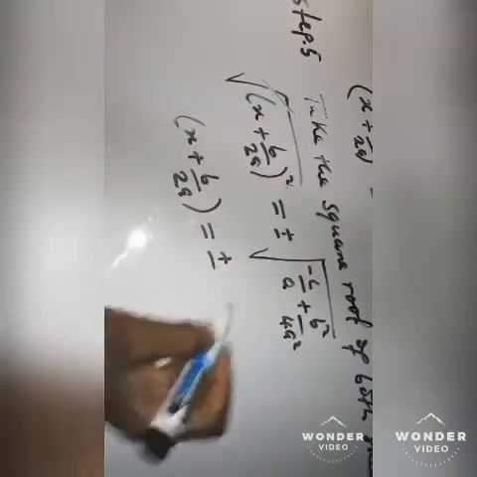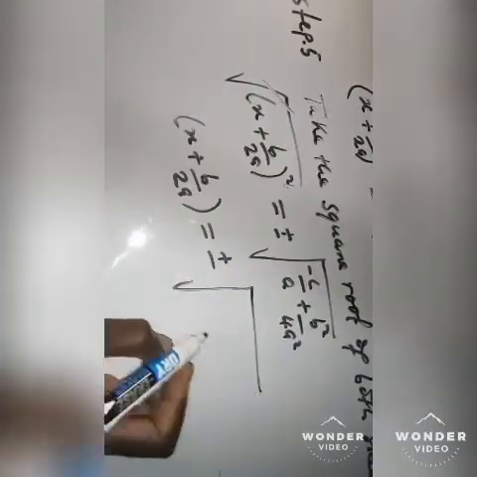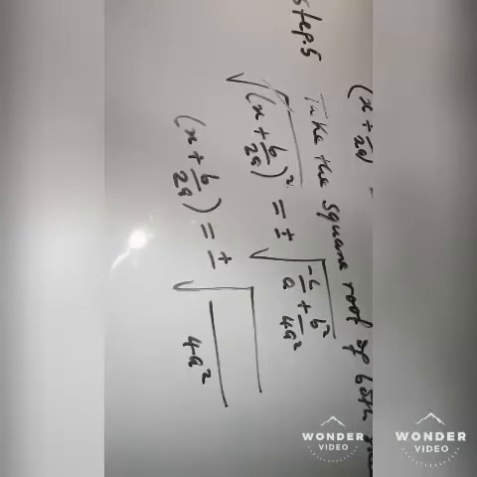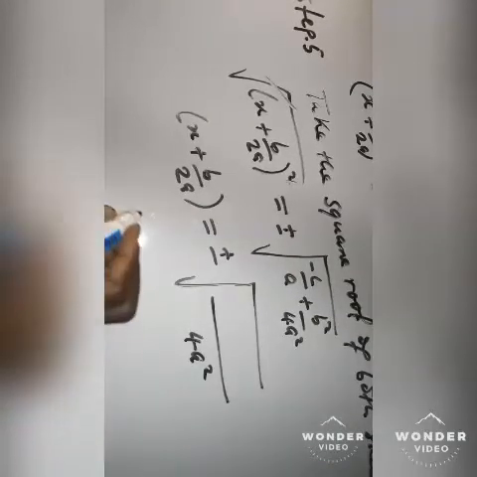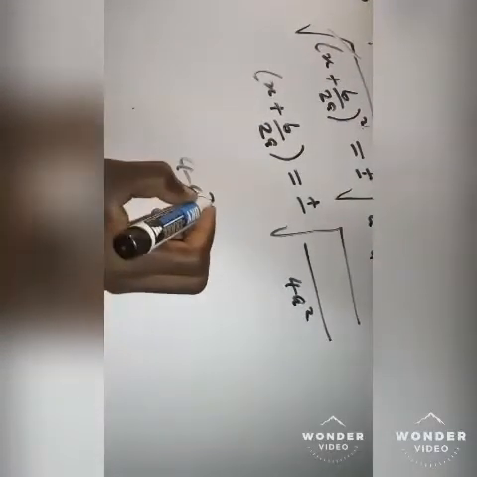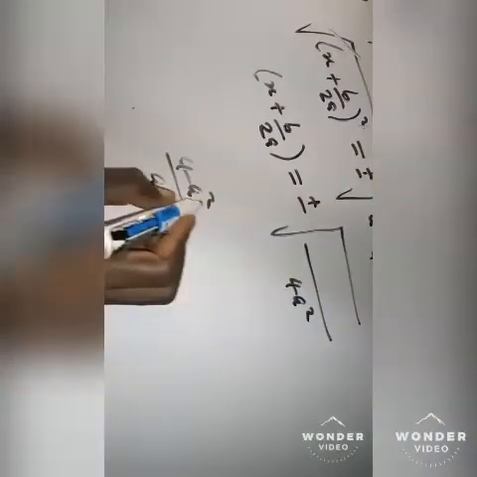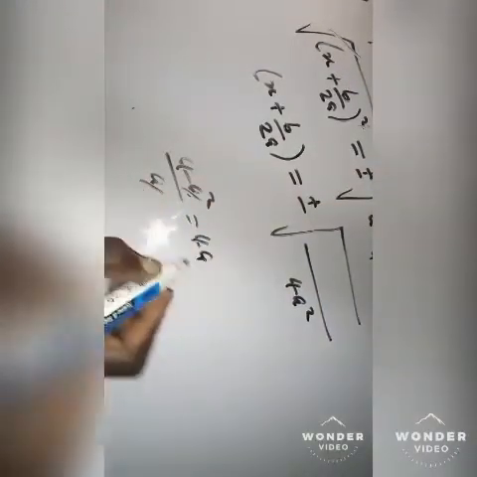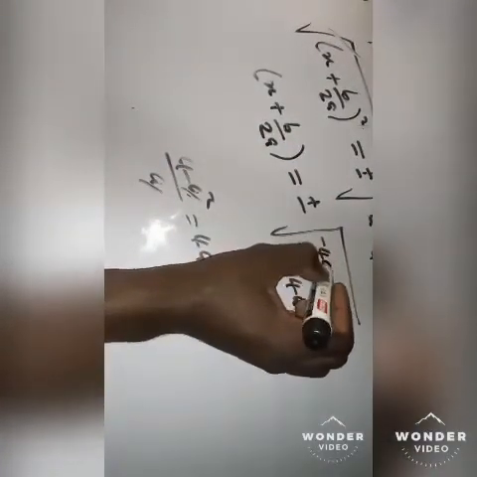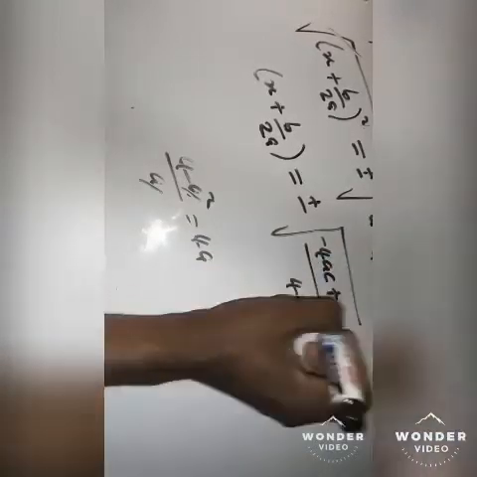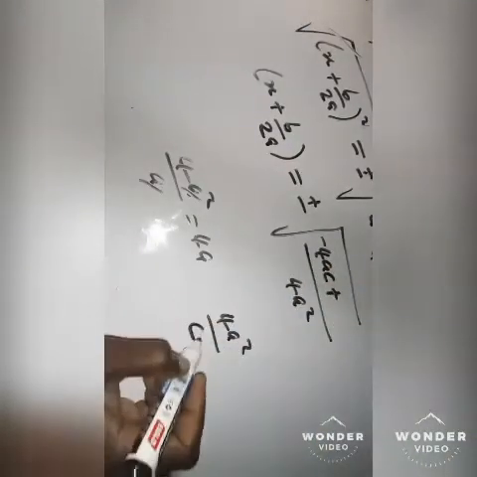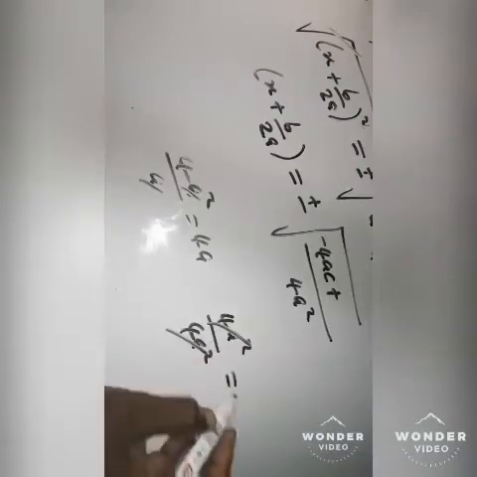So we now take the LCM here. Here you get the LCM, which is 4a squared. So by the time you divide, 4a squared by a will cancel a, leaving you with 4a. So 4a multiplied by a negative c, you get minus 4ac, plus, okay, then 4a squared divided by 4a squared, this will cancel this, you get 1.